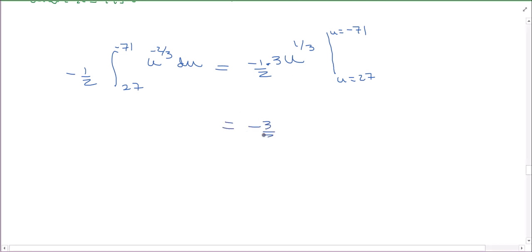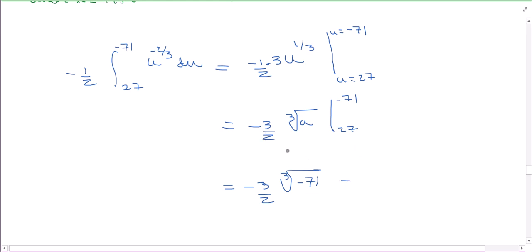So it'll be negative 3/2 the cube root of u, and then from 27 to negative 71. And so I'll have negative 3 over 2 the cube root of negative 71. It's okay to take the cube root of a negative number. We just can't take the square root of a negative number. And then minus, and then plug in the 27.